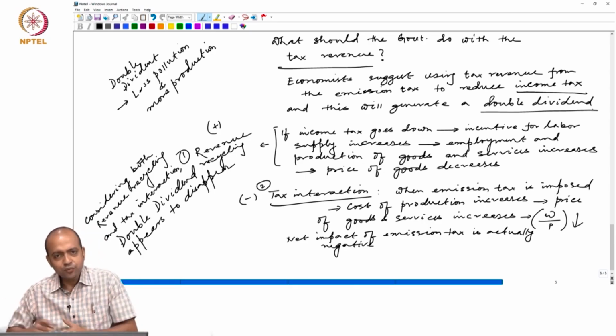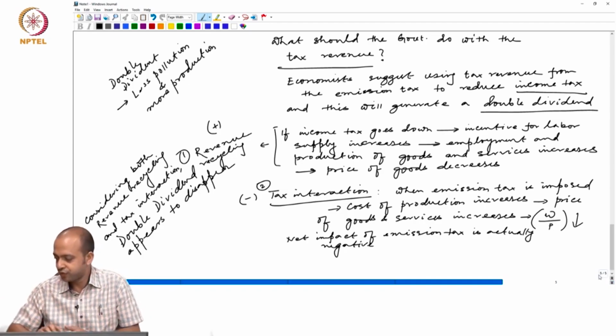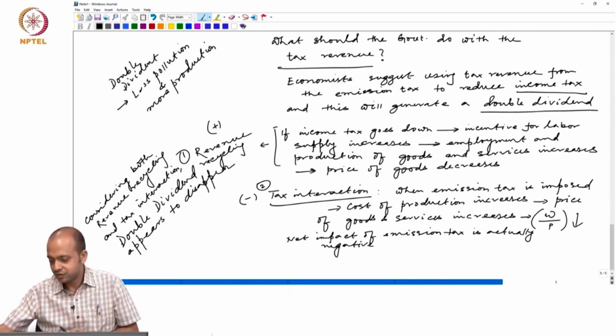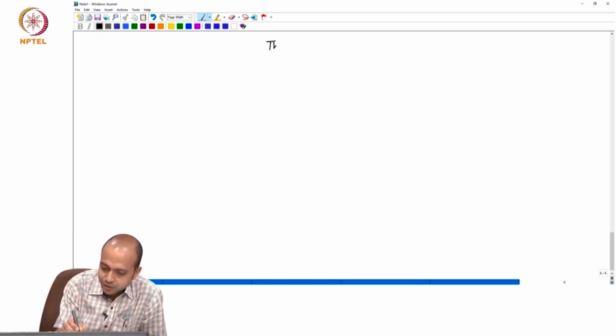And this again points out to the famous story of second best. What is that? Theories of second best. Theory of second best.